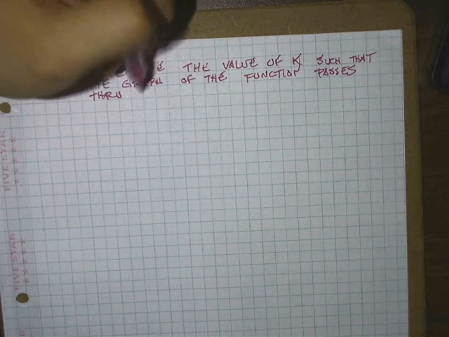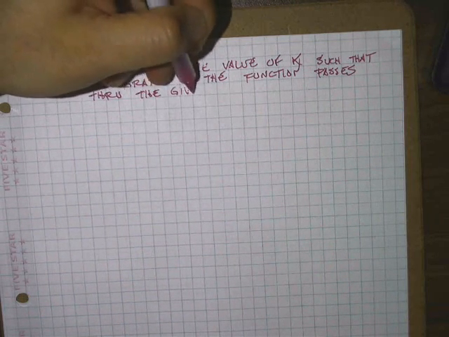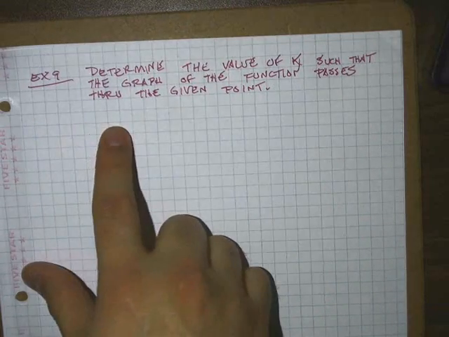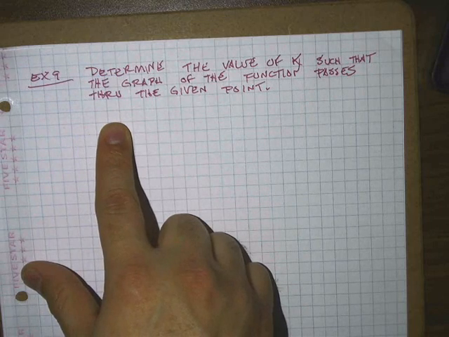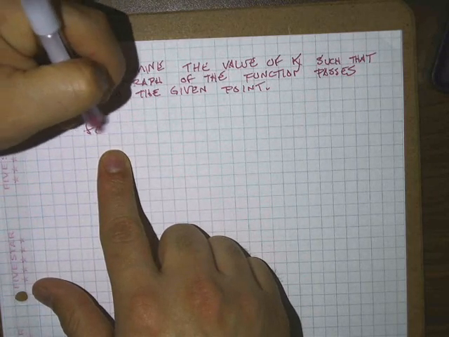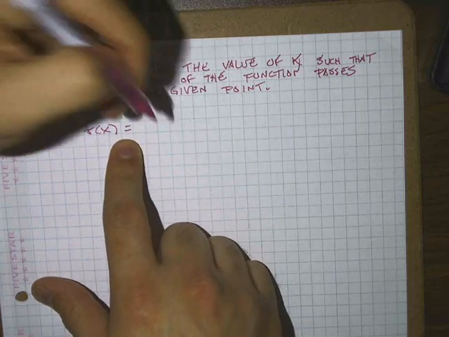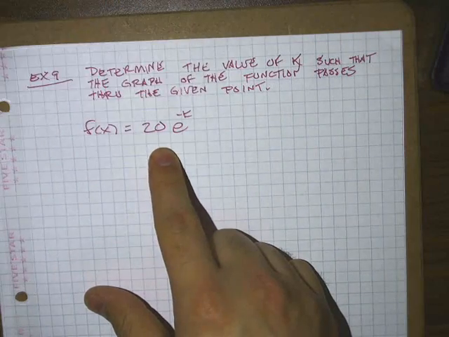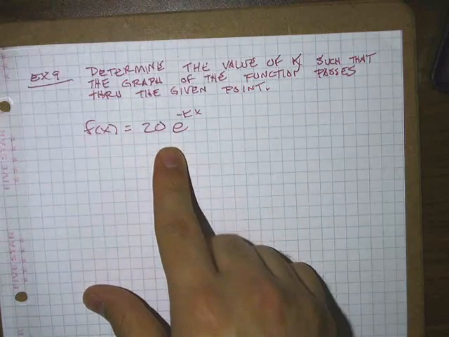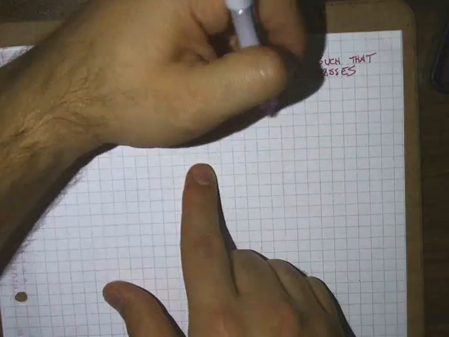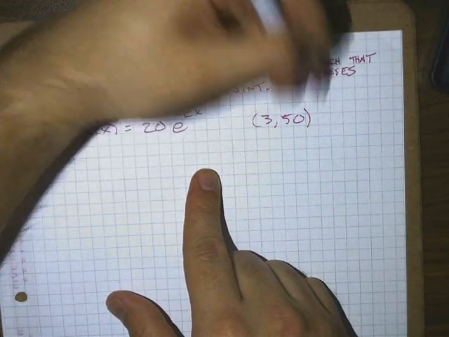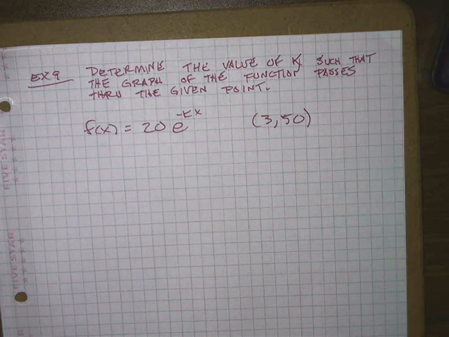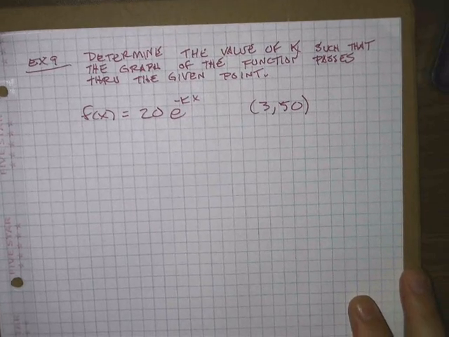I'm going to misspell through. And the function is f of x is equal to 20 e to the negative k x, and the point that we're looking at is going to be, it has to go through point 3, 50 right there. And I'm going to need somebody to get ready with a calculator as well for this problem.